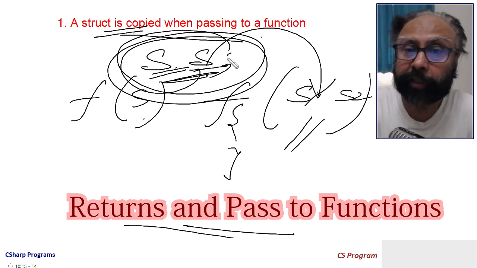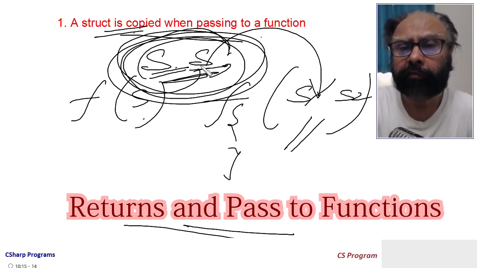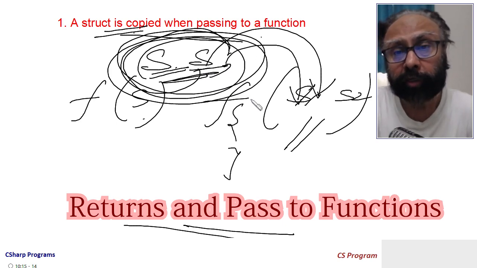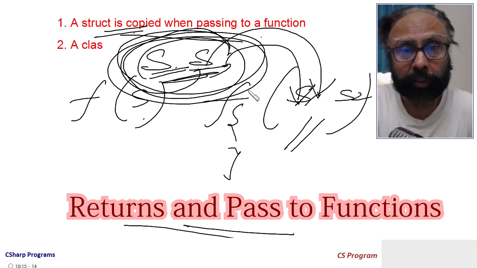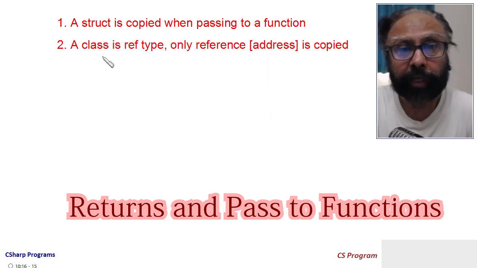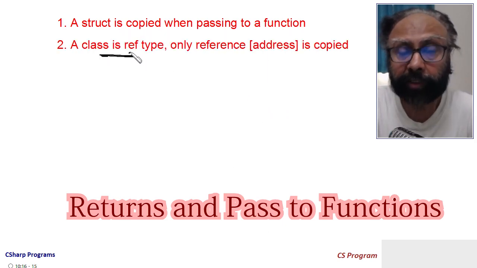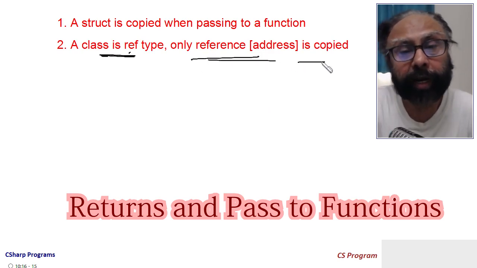The second is that the entire data, whether it is small or large, has to be copied. That could be a costly affair if we create a too big struct. The next thing is that a class is a reference type, and only the reference or address is copied.